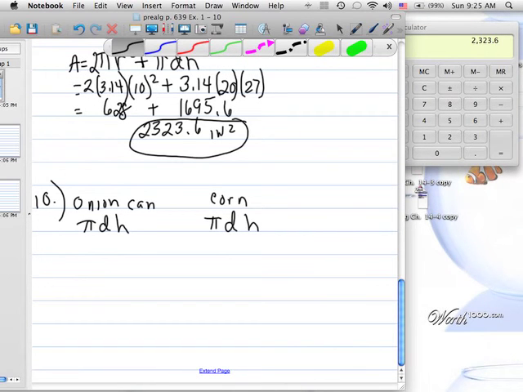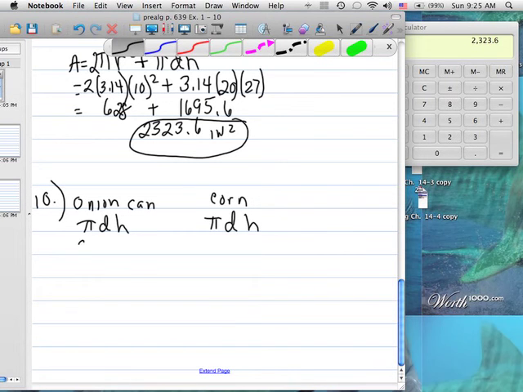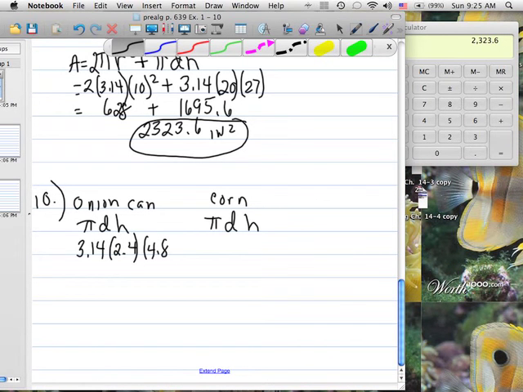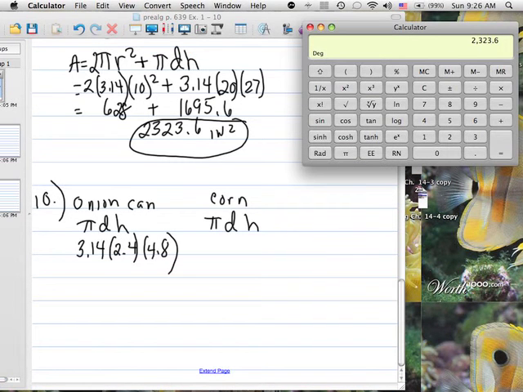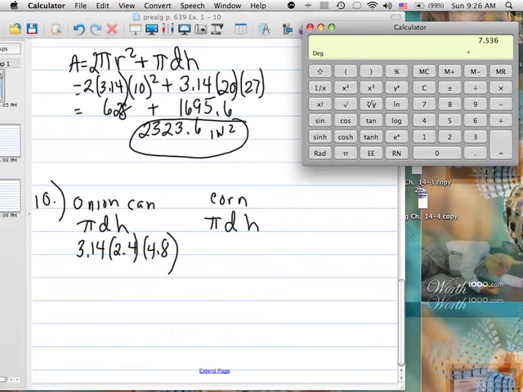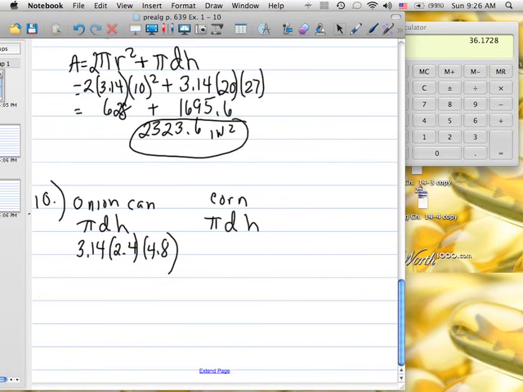Remember, they just want the labels, which is the paper going around the outside of the can. So if we do the onion can, pi 3.14, diameter is 2.4, and the height is 4.8. So 3.14 times 2.4 times 4.8, we get 36.1728.